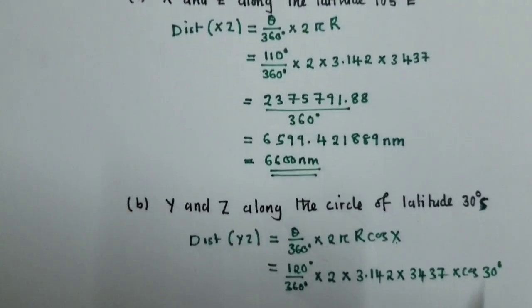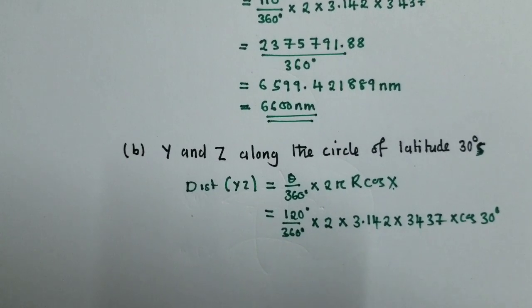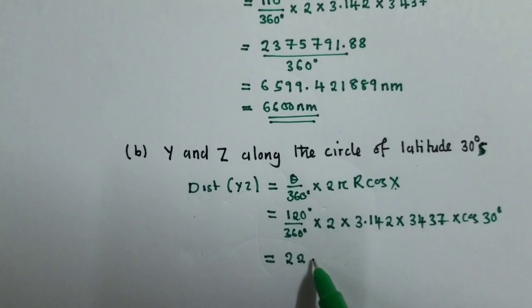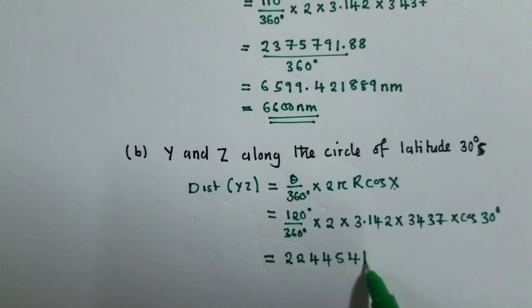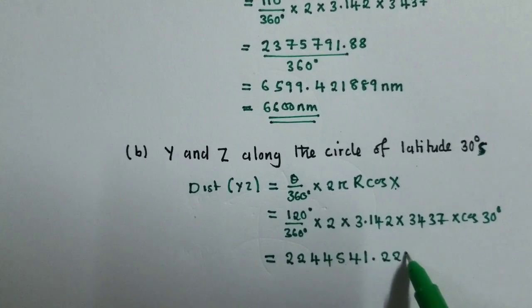After putting this information in our formula, we punch on our calculator, and make sure your calculator is in degrees. So 120 times 2 times 3.142 times 3437 times cos 30 degrees. This is automatically giving us 2244541.224.